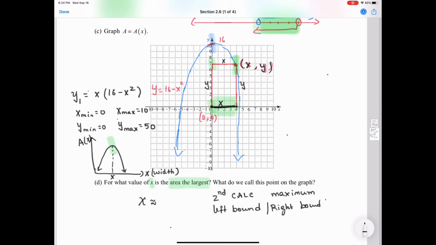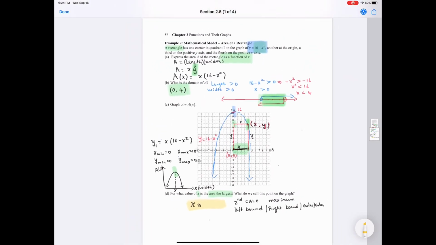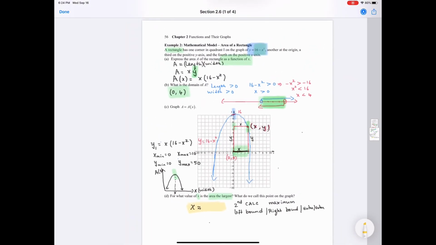Then when you come to guess, just hit enter again, and you will see an x value. Whatever x value you get, just write it up here. That would be the answer for this problem.